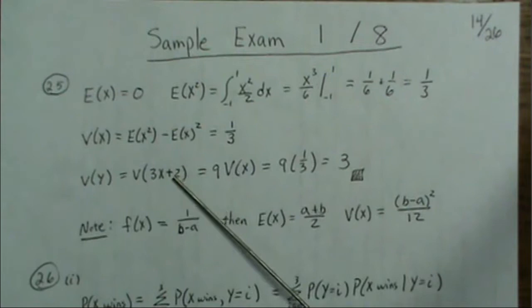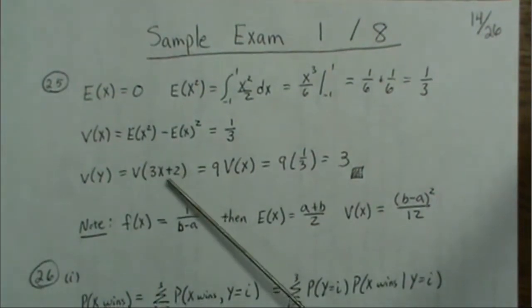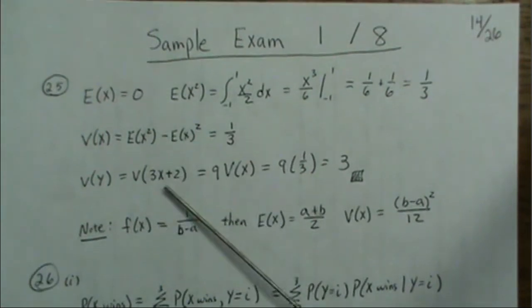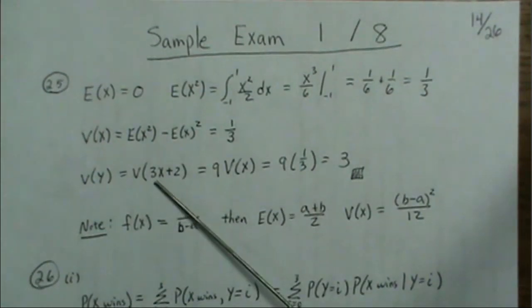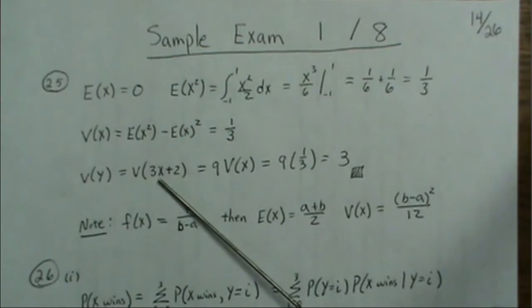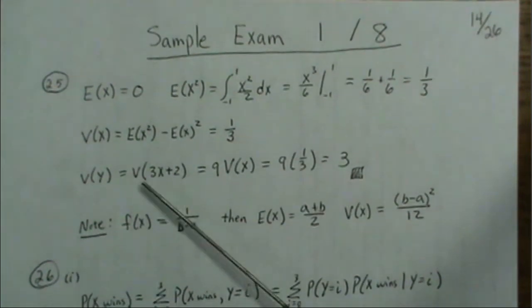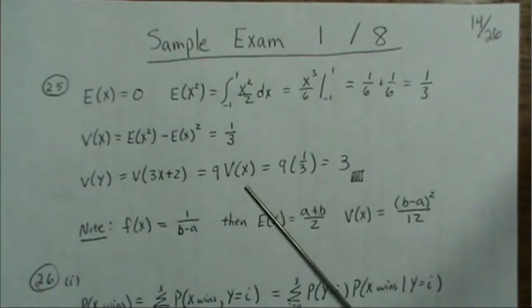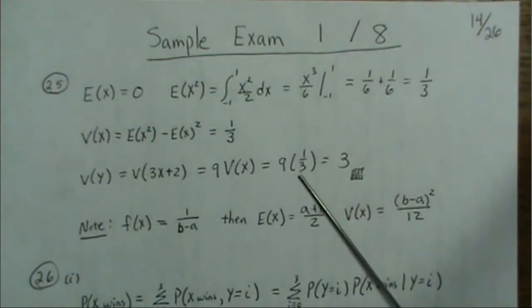Now note that the variance of any constant, added or subtracted, doesn't impact the variance, so that can go away. And a constant times a variable comes out as squared. So this can be rewritten as 9 times the variance of x. Well, we know the variance of x, it's 1/3.